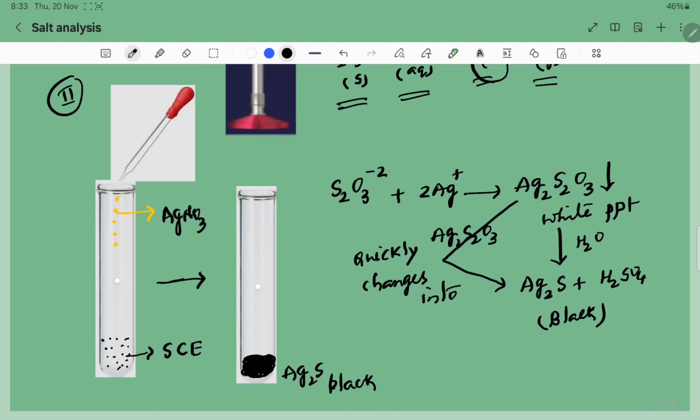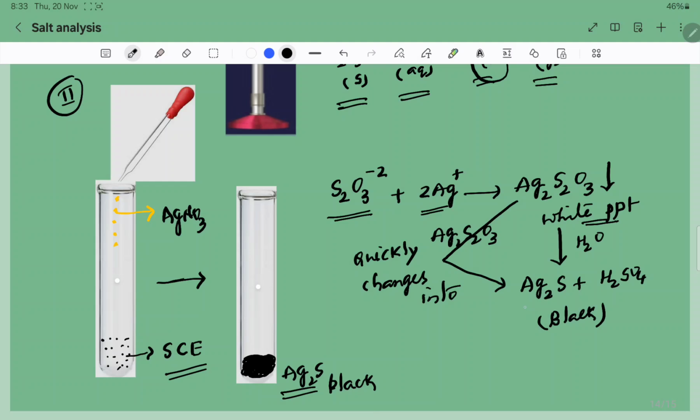Next. One more confirmation test, student. Take the sodium carbonate extract, add AgNO3 dropwise and it will form Ag2S black. Before that, student, this S2O3 2 minus thiosulfate reacts with the Ag. Generally it will form silver thiosulfate as a white precipitate. It is highly unstable.